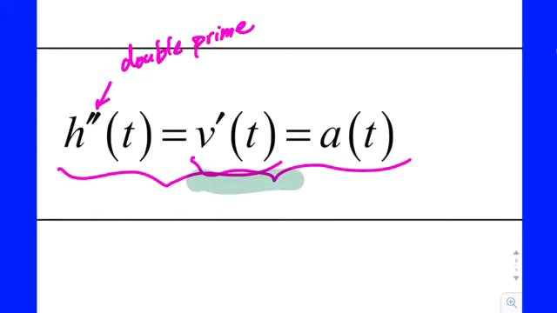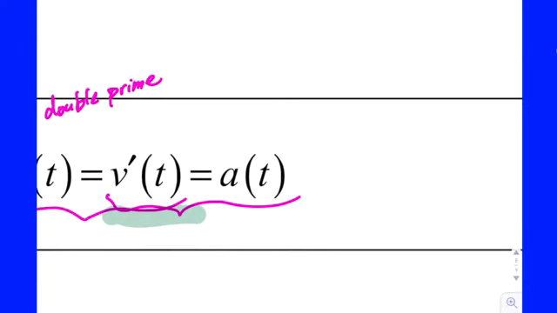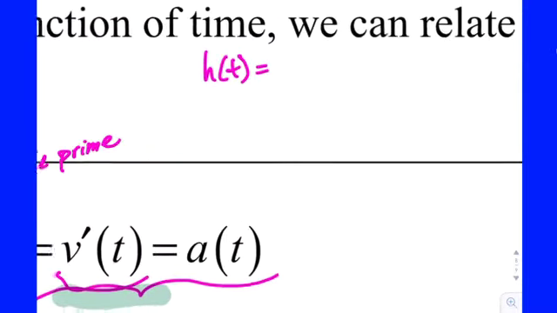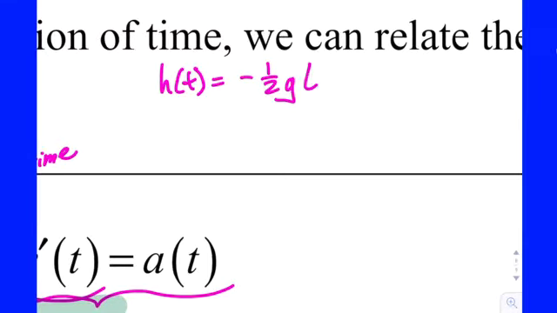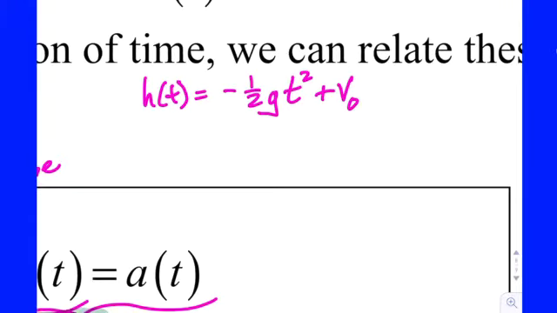So if you memorized your kinematic equations, you probably memorized the falling objects near Earth to be the following: negative 1/2 little g times t squared, plus v sub o, or maybe you used v sub i, times t, plus h sub i, or h sub o.